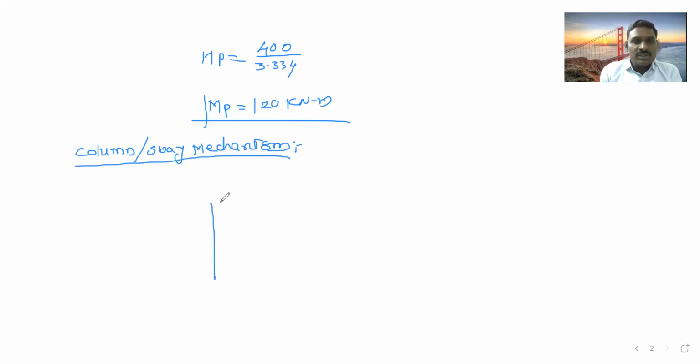So now we have to draw this mechanism. These are your columns. We have seen how the sway mechanism looks. So this is your sway mechanism.